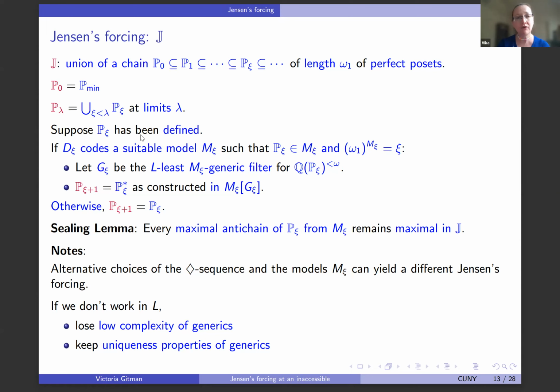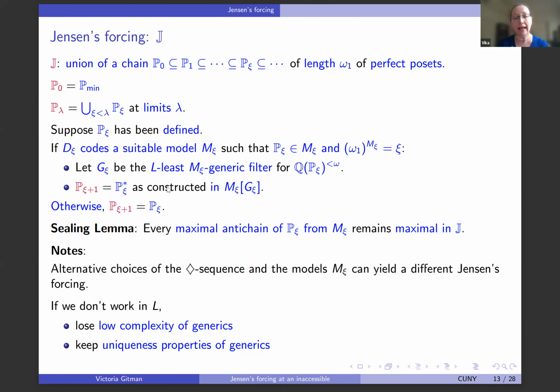So suppose we have constructed P_ξ. We look at the ξth element of our canonical diamond sequence. If it happens to code a suitable model, call it M_ξ, such that it has P_ξ as an element and its omega 1 is ξ, then we will force over M_ξ with the fusion poset for P_ξ, adding omega many M_ξ-generic trees.